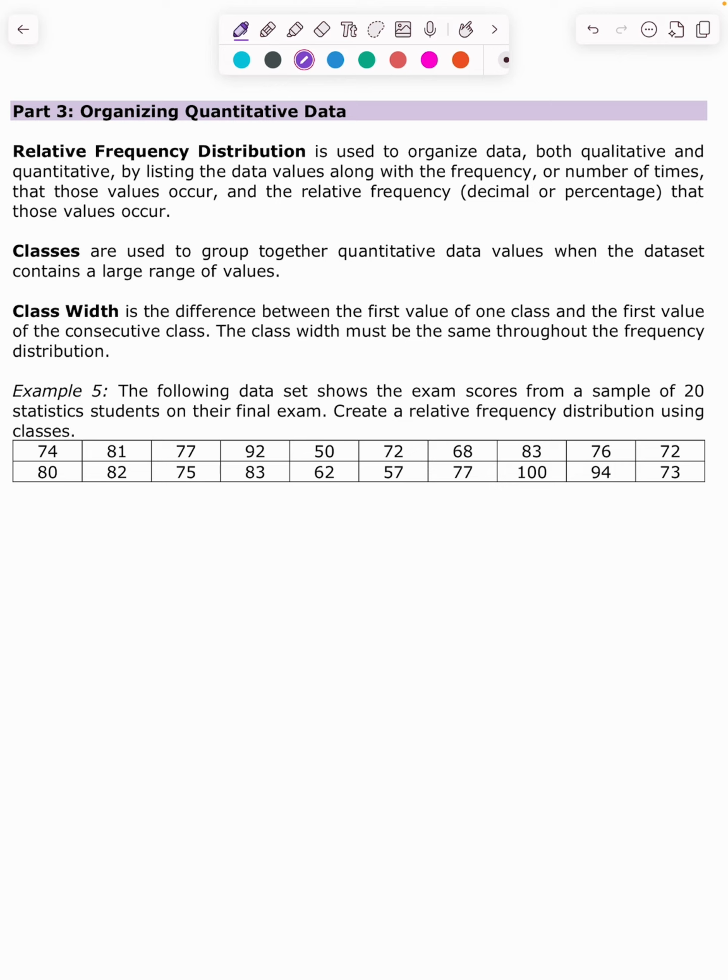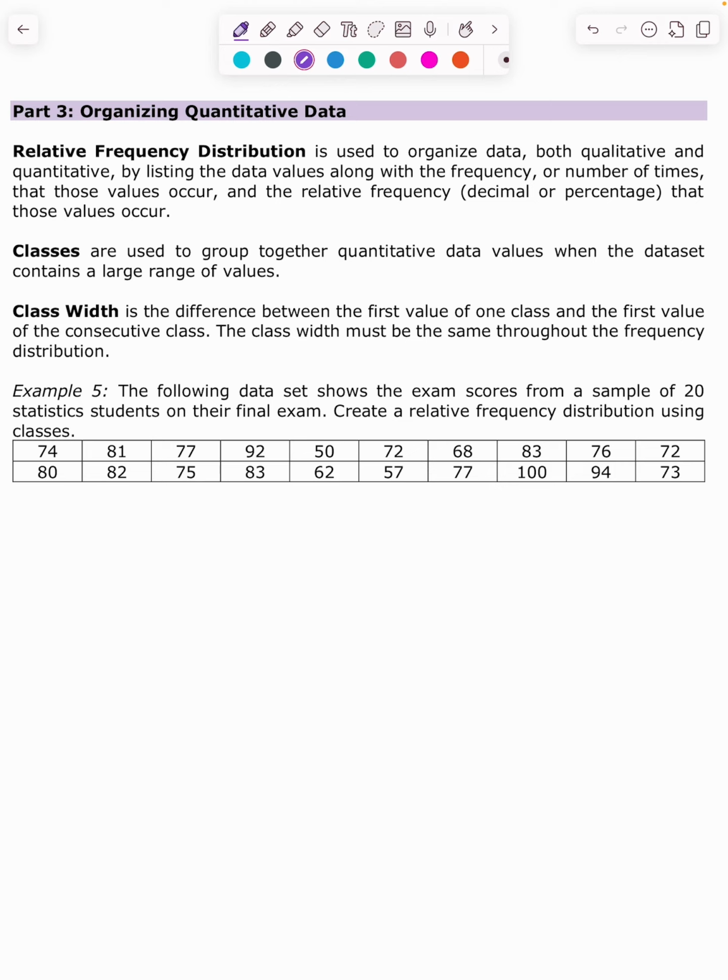However, when it comes to quantitative data, we often have a very large variation in the values that we see. So we don't want to list every single individual value that we see because that doesn't really help us organize the data. What we end up seeing is a table with a long list of numbers.